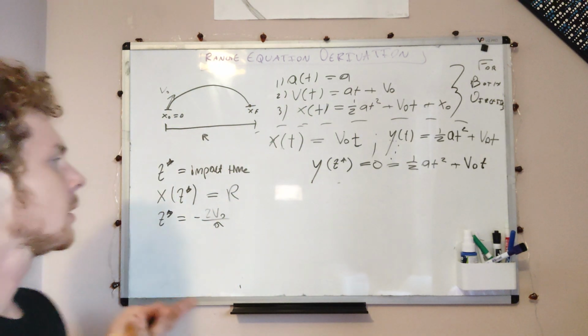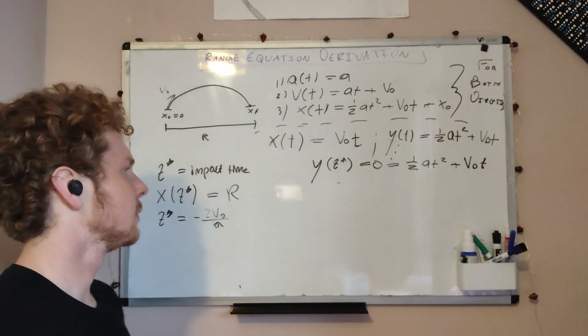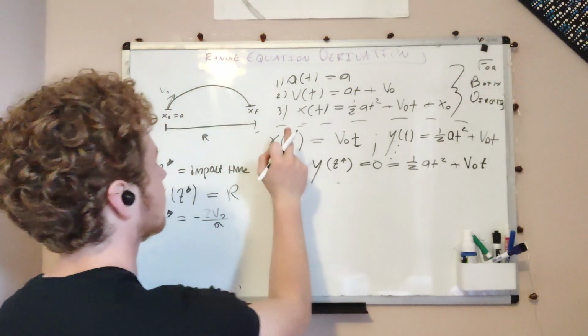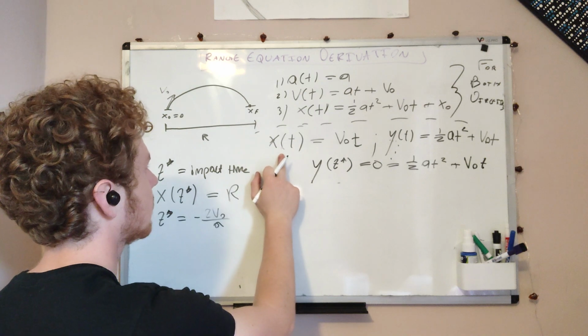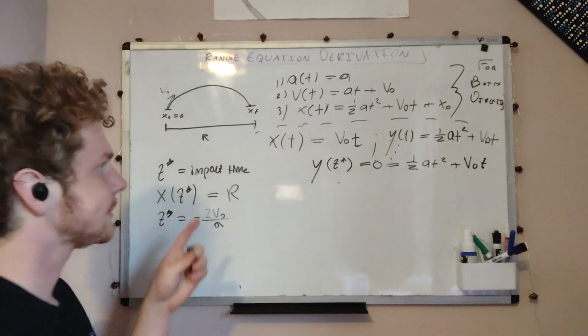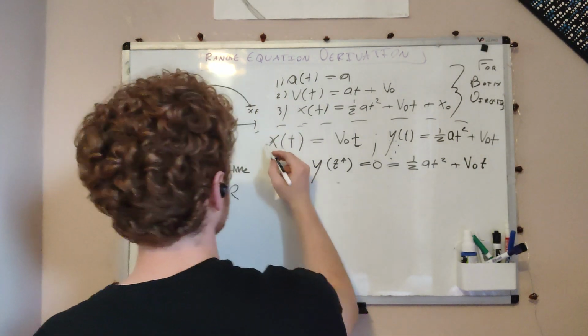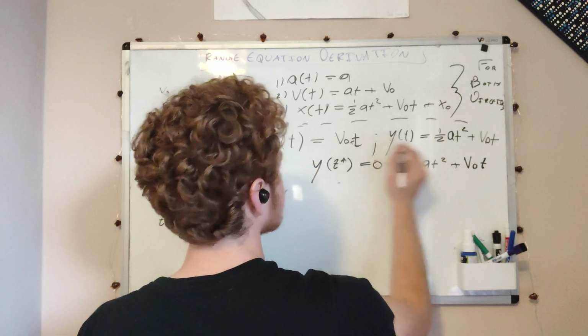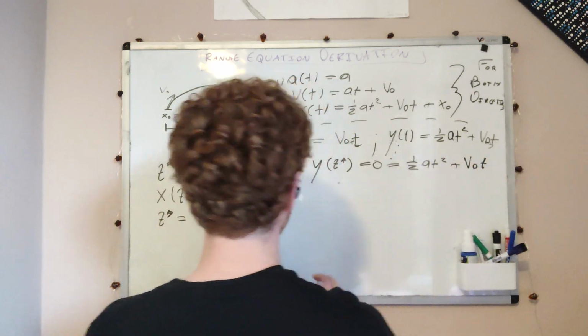Now my exercise for you is to use the definition of x of t. Well, it's pretty simple. But we need to keep in mind that this is x, and this is y.